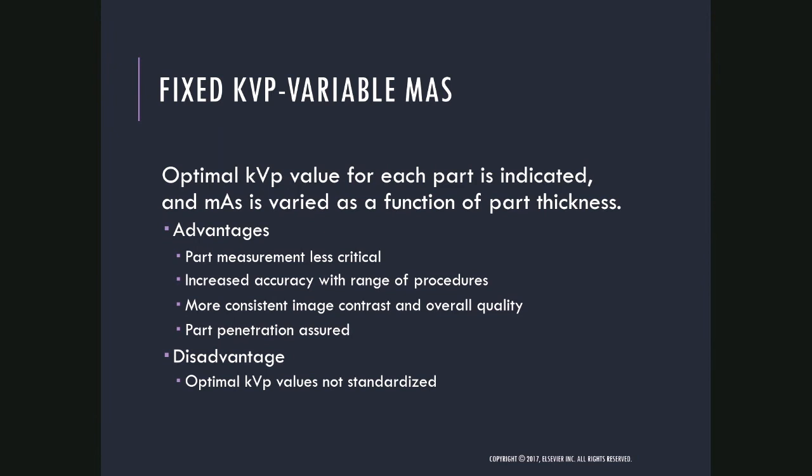Let me rephrase. With KVP, a change of at least 15% is required to change your exposure to your IR, to either double it or half it.